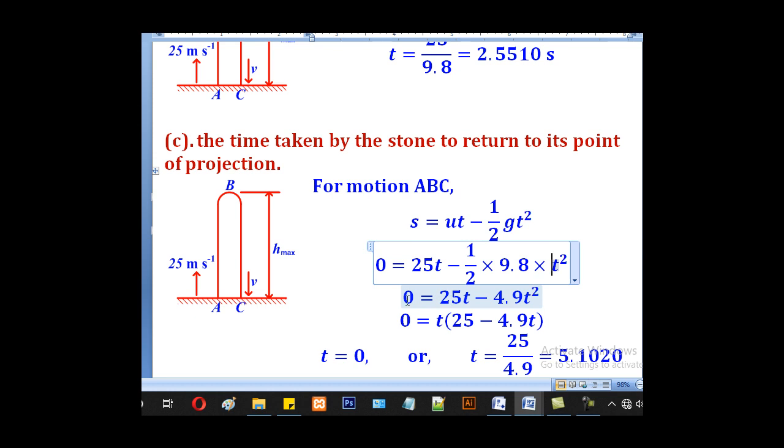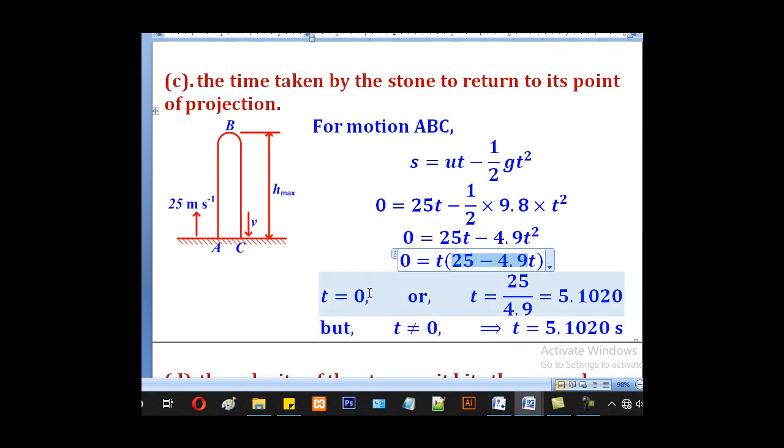So substituting using a calculator, we can simplify this to get 4.9, so that we come up with a quadratic. Then we factorize, t is common, so factorizing it out gives this in brackets. That means either t is 0 or t is 5.1020.